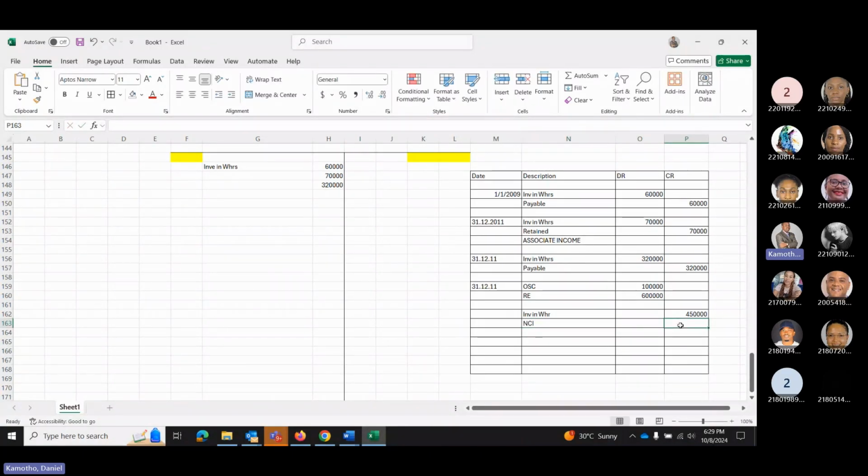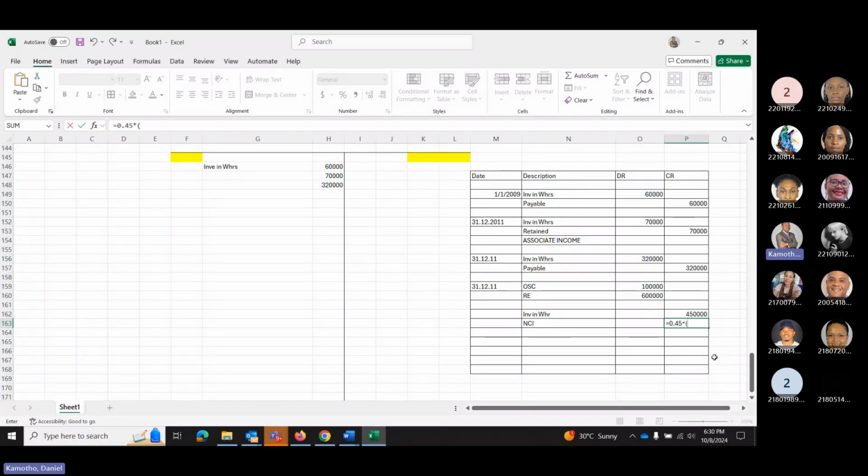And NCI is the equity not represented, and we are valuing it based on the net asset. So we know the parent now has 55%, and therefore the non-controlling interest is 45%. That's why I put 0.45. Then we multiply that by the net asset at the date of acquisition.